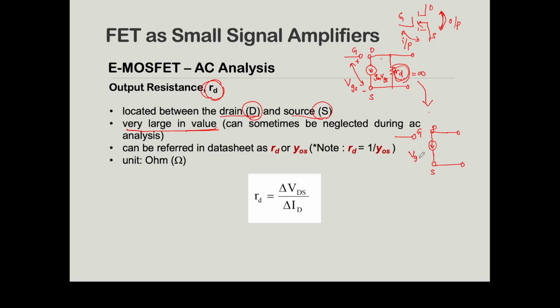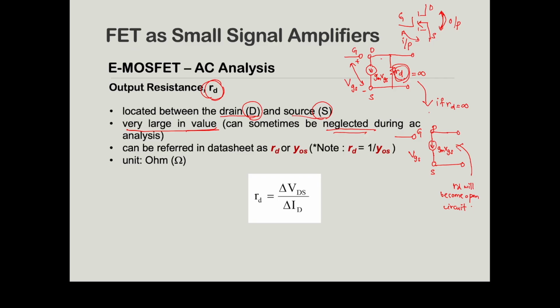Here is your VGS, here is your gm VGS. If rd is infinity, it will become an open circuit, and in this case you can neglect the rd value during your AC calculation.